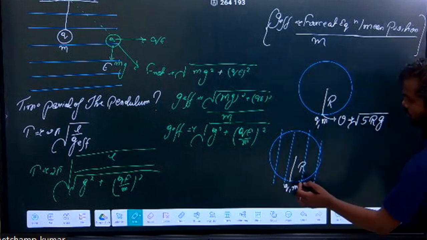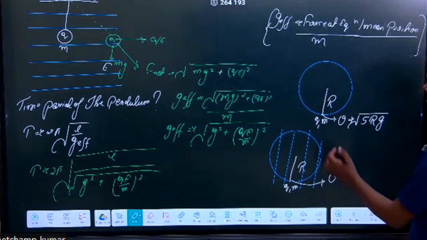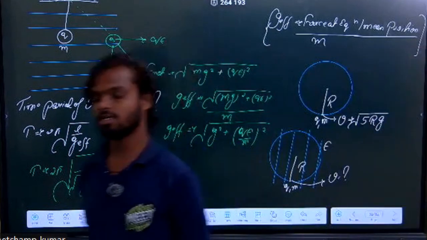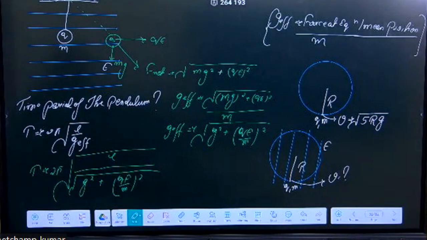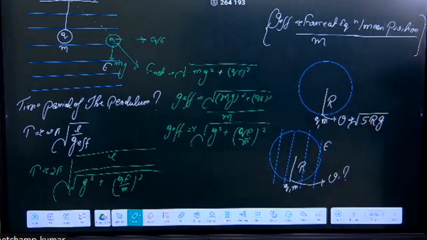Now you tell me what is the velocity we require. Now the question is, what will be the velocity if I have applied a uniform and constant electric field E? If I just apply a uniform electric field now, then what will be the velocity?